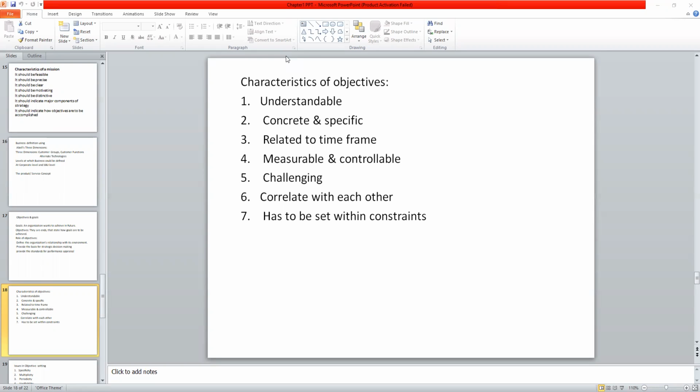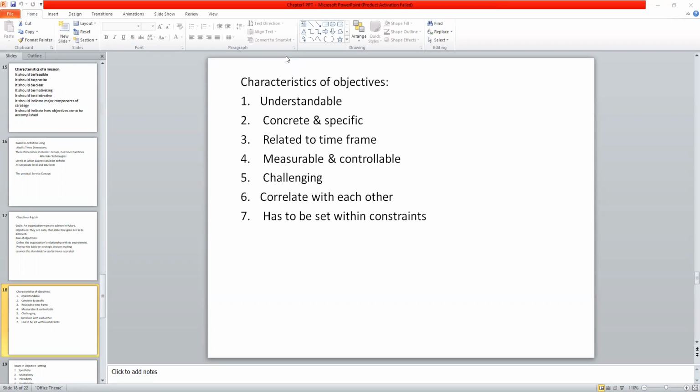As ultimately the managers and the lower level employees, all of them together would be working towards achieving these objectives, they have to be more specific. Again, these objectives will motivate the managers and the employees also. They will be on their toes and they will understand the proper direction or the path to be followed.